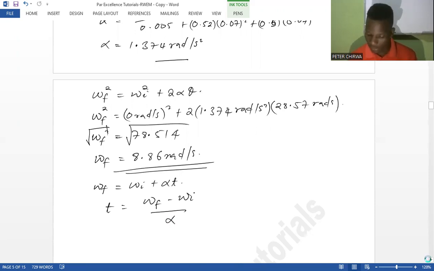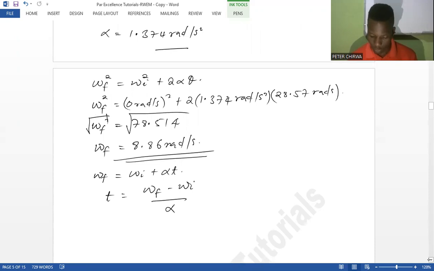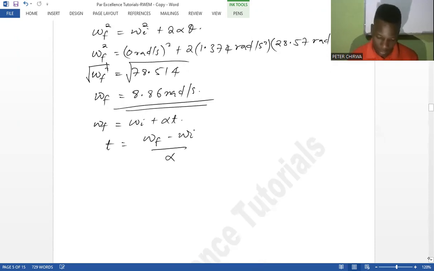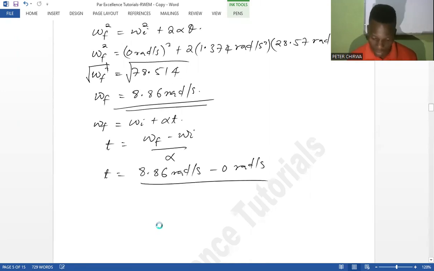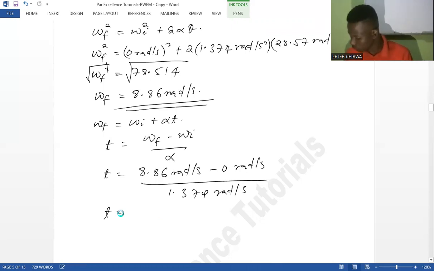So since we know all these, we have final is 8.86 rad per second minus 0 rad per second over the angular acceleration, which is 1.374 rad per second squared. And our time here is going to be 6.45 seconds.